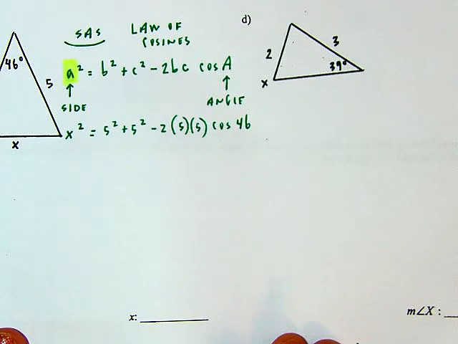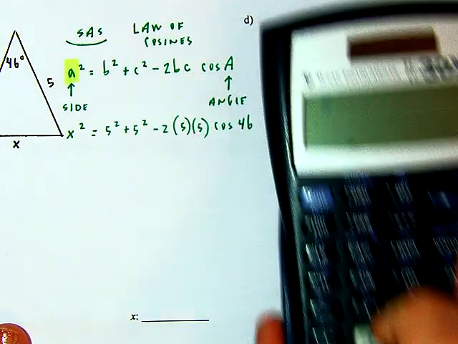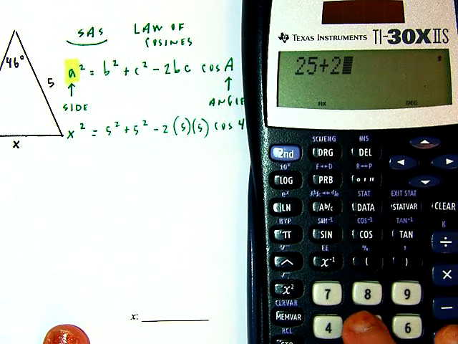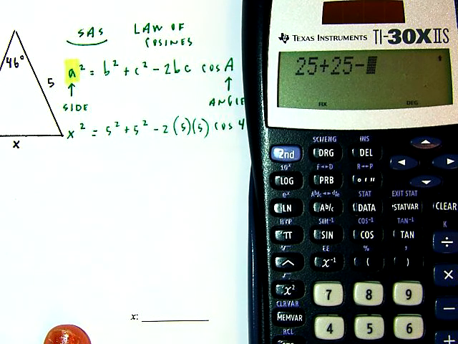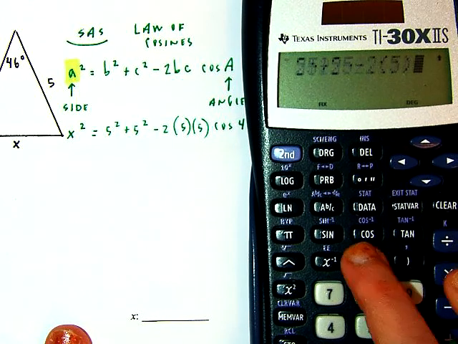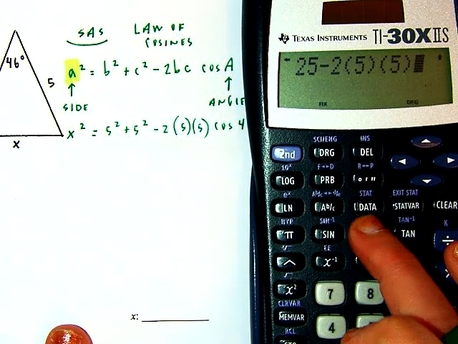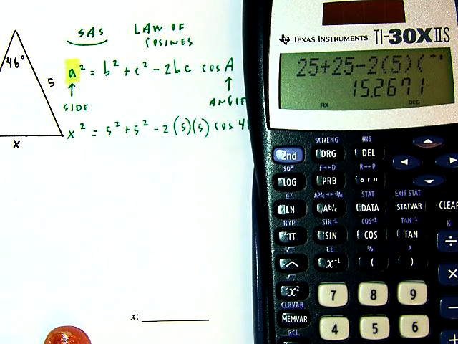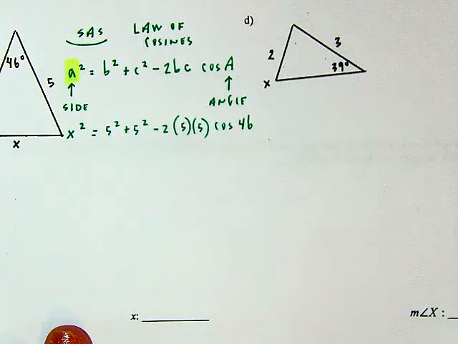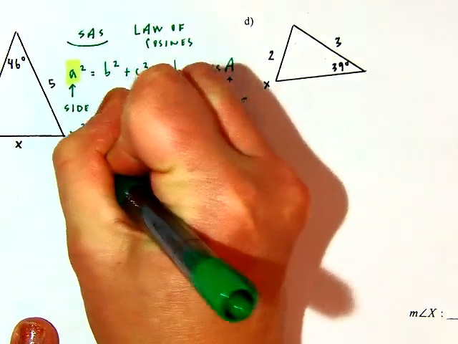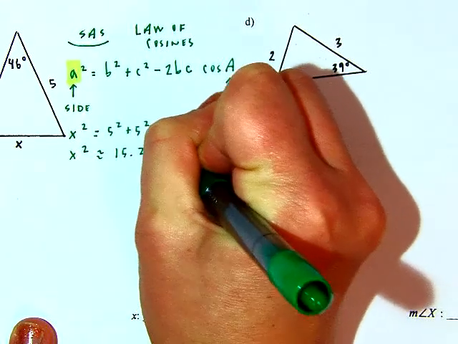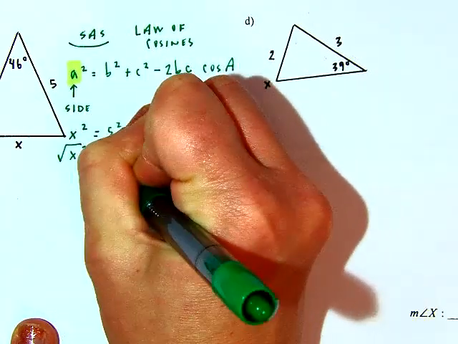All right, let me slide it over and type that in. So here I have 5 squared, so 25 plus 25 minus 2 times 5 times 5 times cosine 46. I know that x squared is approximately 15.2671. Then I can solve by taking the square root.